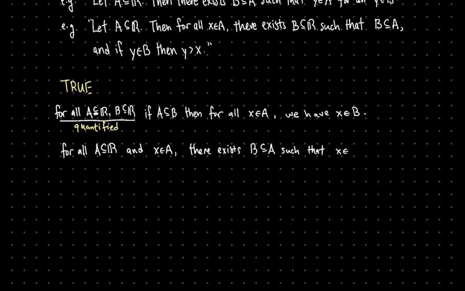So I think this is a true statement because I could just take B equals A, which is a stupid true statement, but I'm just saying that there exists some set that X belongs to. This is a stupid example of a true statement.